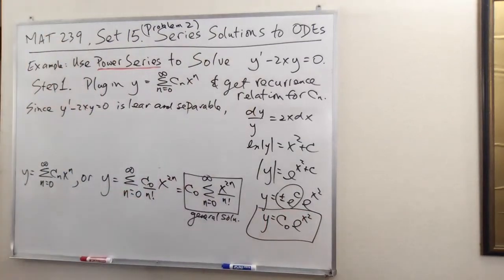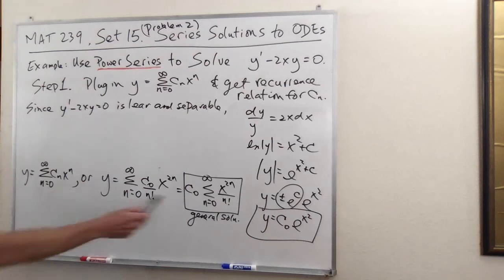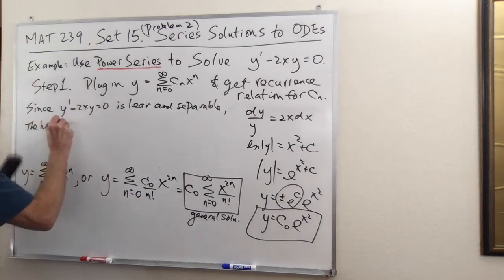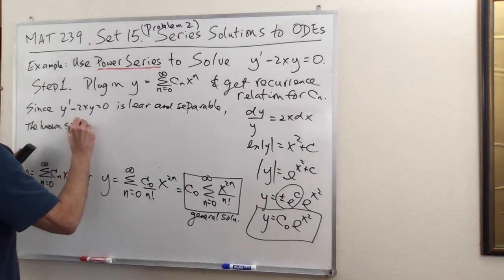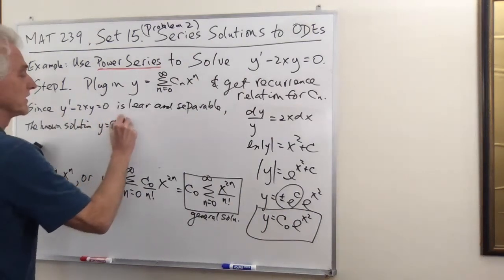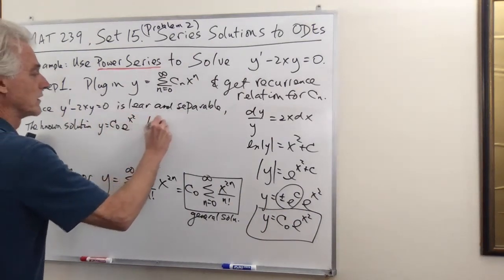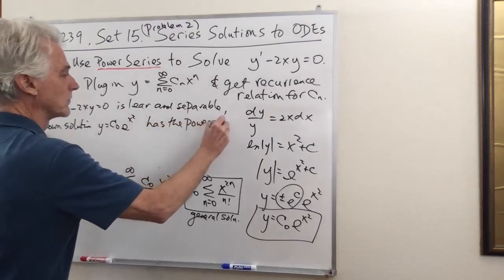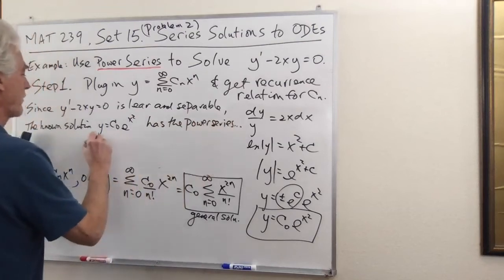but we can also compare it. You notice the known solution, y is C0 e to the x squared, has a power series. What is the power series?